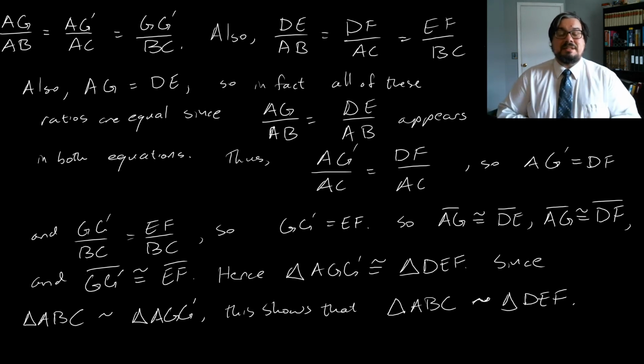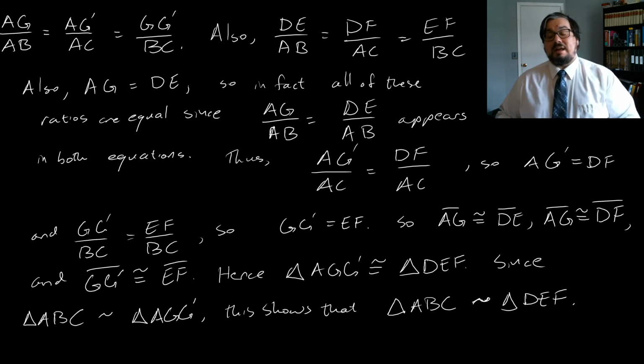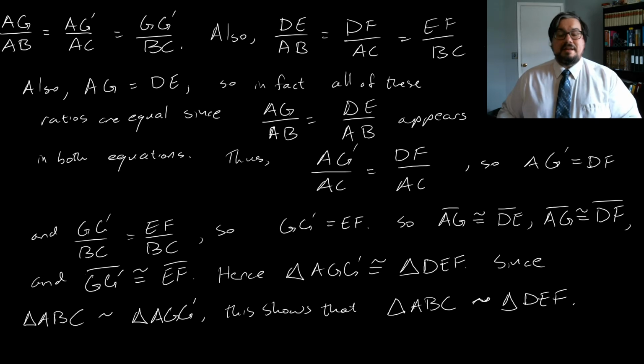Because similarity is a weaker relationship, it doesn't say as much as congruence, the first triangle is similar to the last one. So we have that triangle ABC is similar to triangle AGG prime, and triangle AGG prime is congruent to triangle DEF, and therefore triangle ABC is similar to triangle DEF.